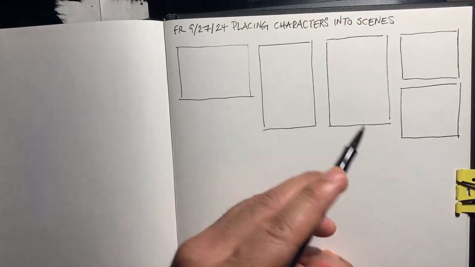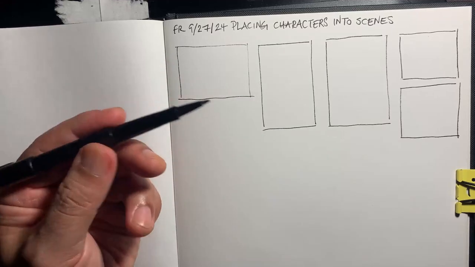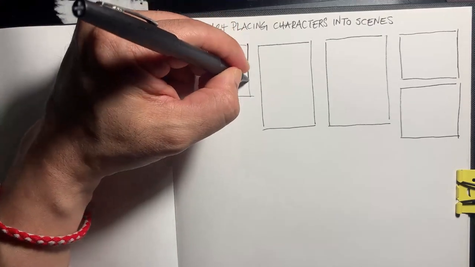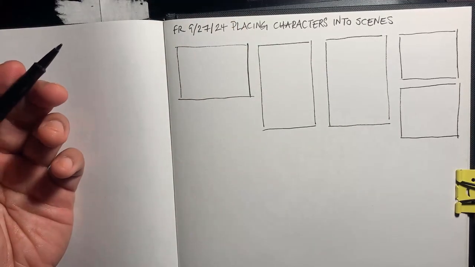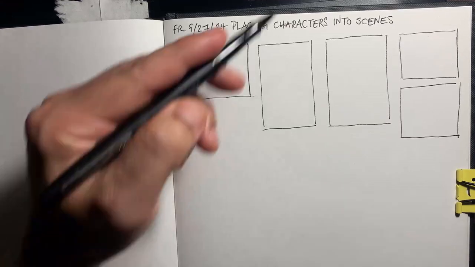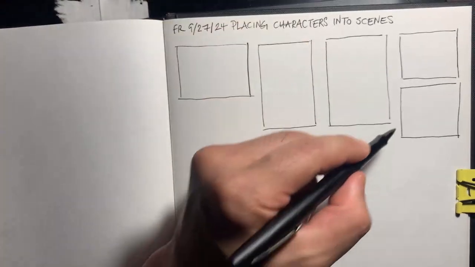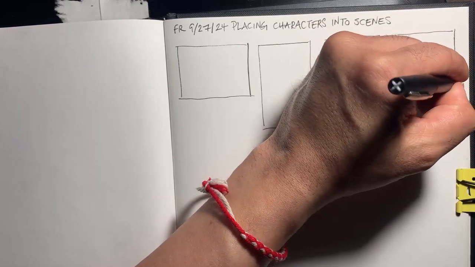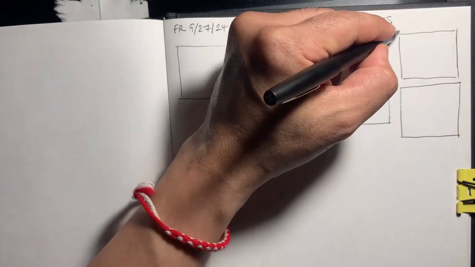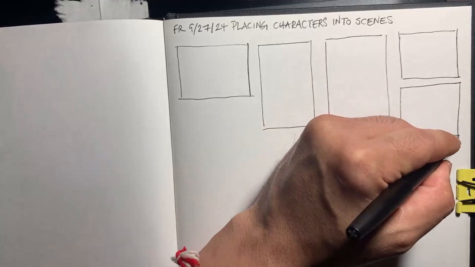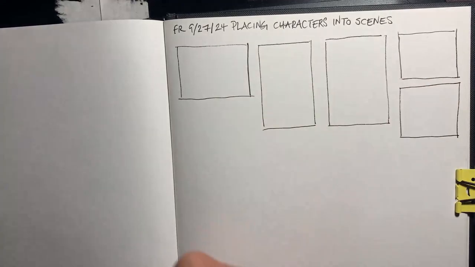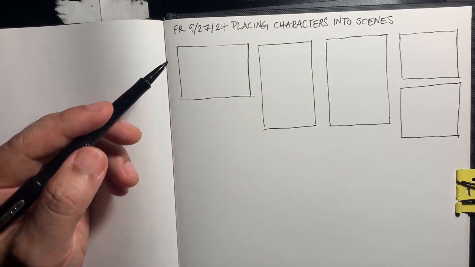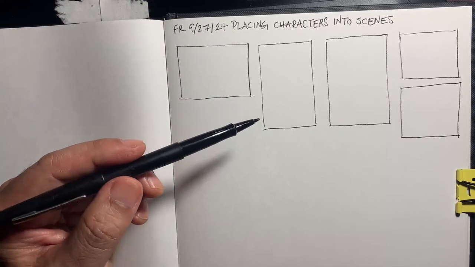Since we are drawing from imagination, we have to be pretty loose about things. And by that I don't just mean loose in the line work, but also mentally, just be more open and not committed to a specific thing.